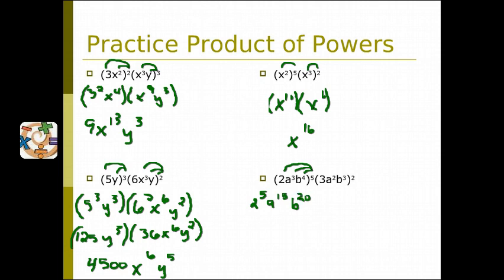The second set of parentheses, we've got to distribute our 2 on the outside of the parentheses to all the exponents on the inside, giving us 3 squared, a to the 4th, b to the 6th.